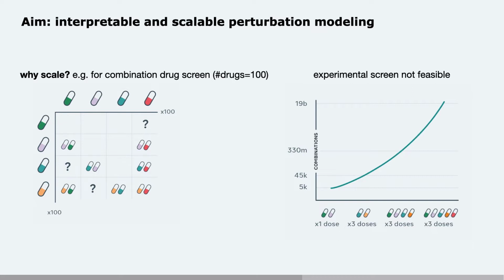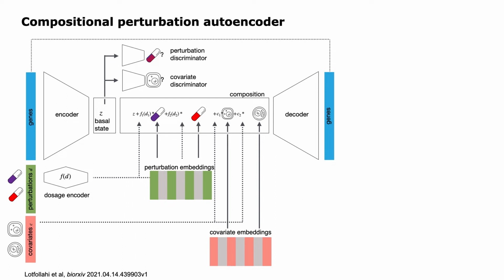To address all these problems, provide in silico prediction and guide experiments, we came up with a new model called the Compositional Perturbation Autoencoder. It's a general model, but we try to predict single-cell effects using it. The model receives gene expression as input.